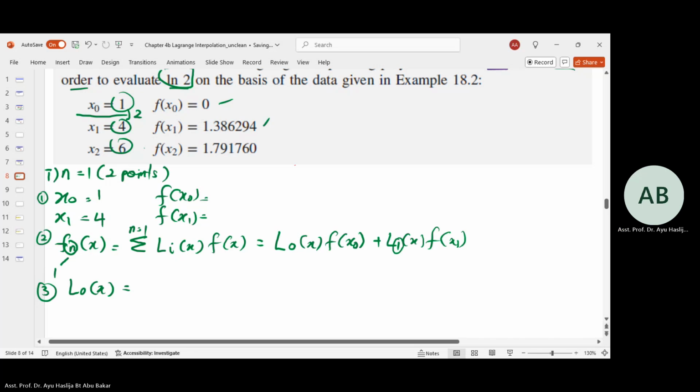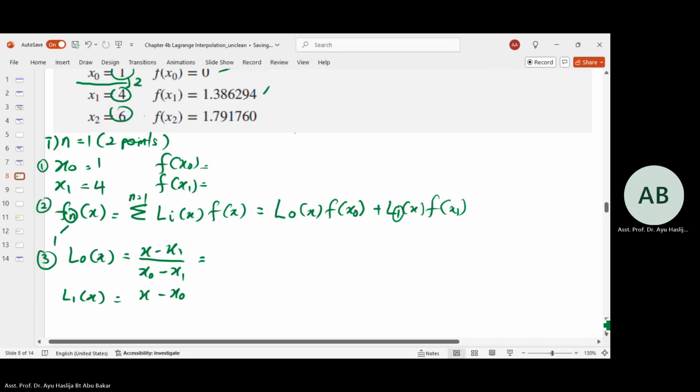L0 is x minus x1 over x0 minus x1. Find the value. Then your L1 is x minus x0 over x1 minus x0.